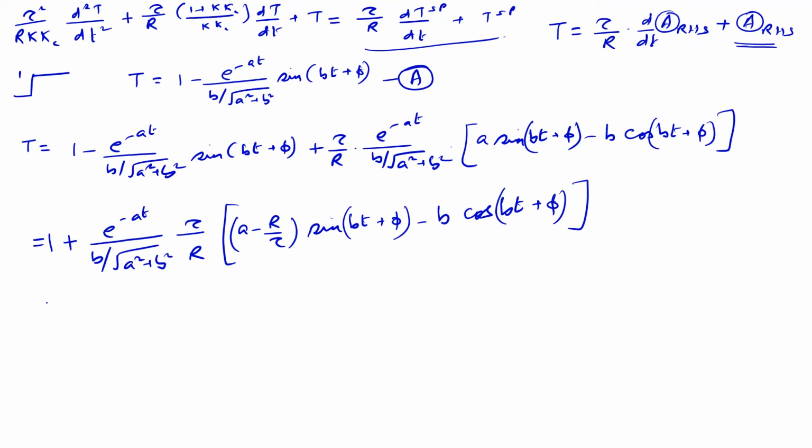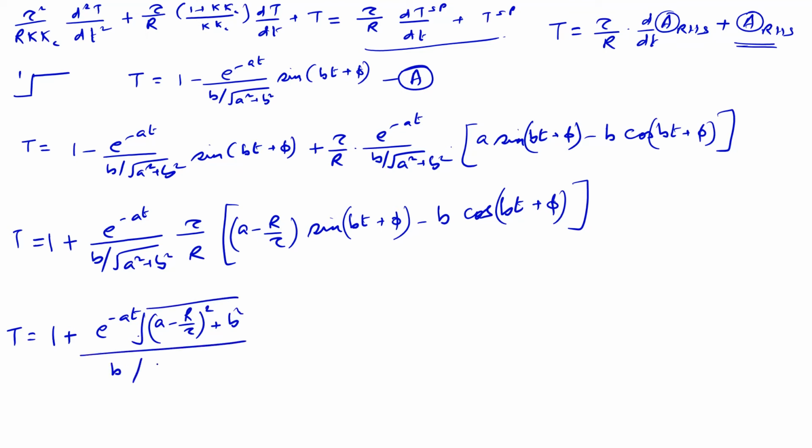And with standard complex algebra, this will be into 1 plus, well, let's just say e to the power minus a t times the square root of a minus r by tau whole square plus b square, divided by b over square root a square plus b square times tau by r, times, so this we'll call cos theta, and we'll call this sin theta.